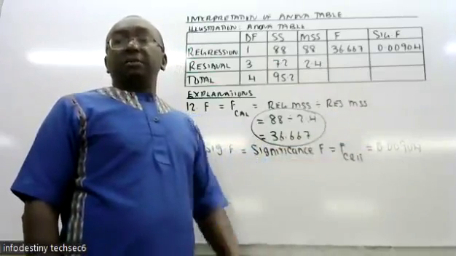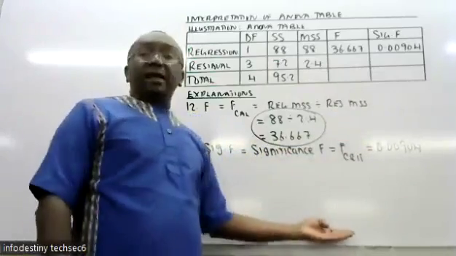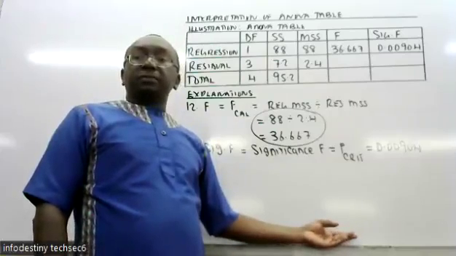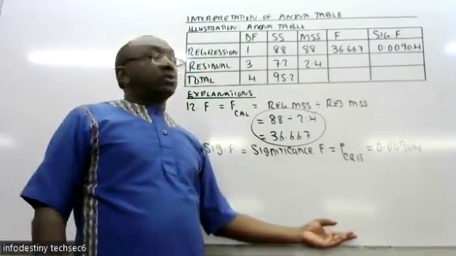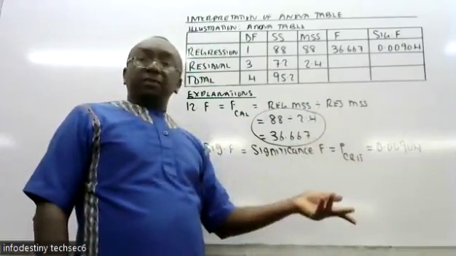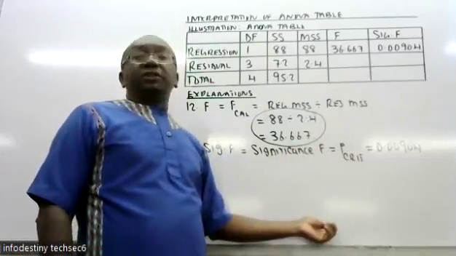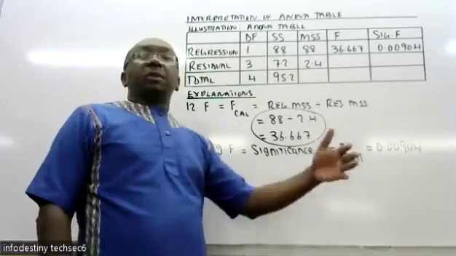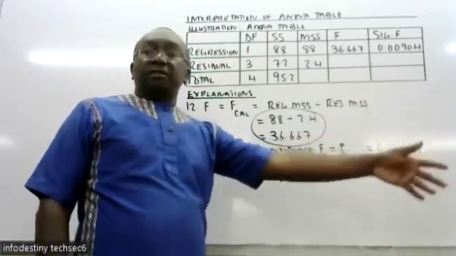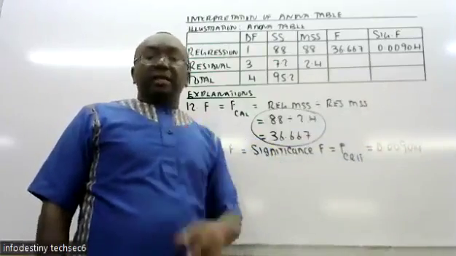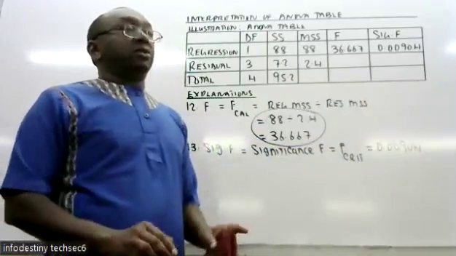The R squared computed here shows the amount that is explained. So once you get 92, you simply say 92% of this is explained by this. Those are the two areas the examiner can test you.